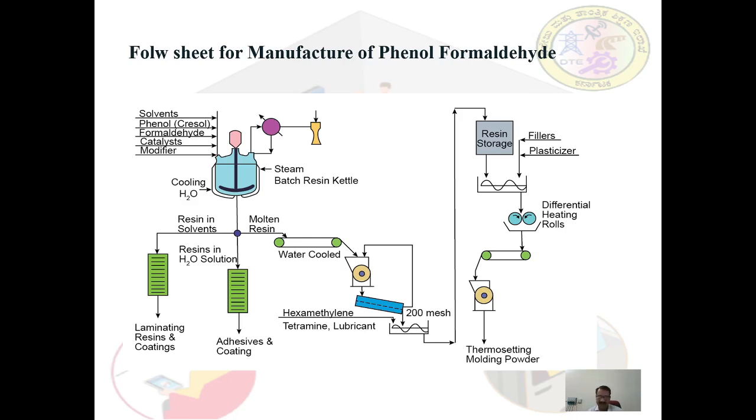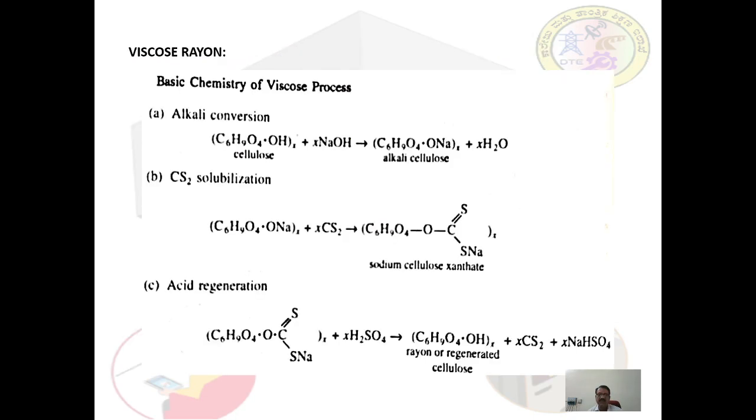Next we discuss viscose rayon. A raw material for the production of viscose rayon is wood pulp. However, the manufacturing process emits toxic effluent which has adverse environmental effects.